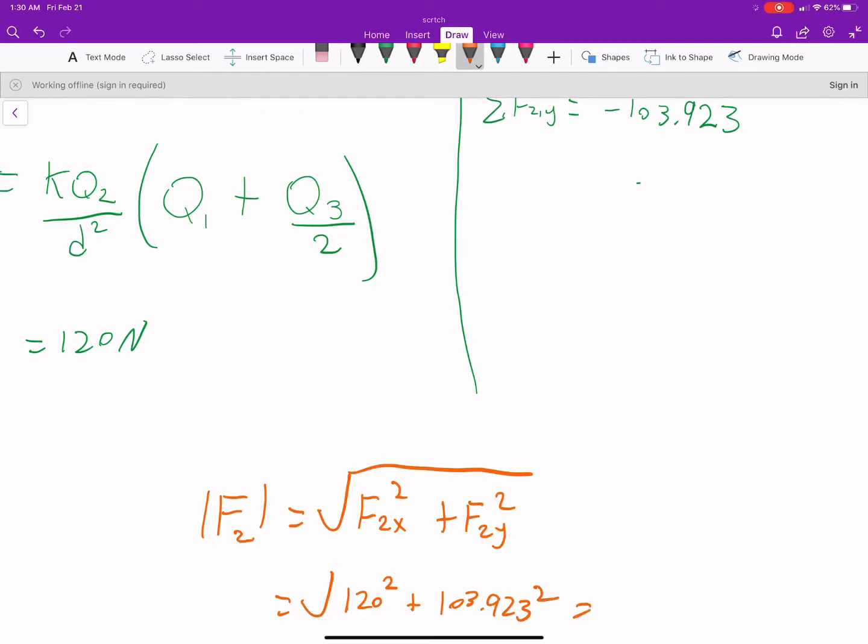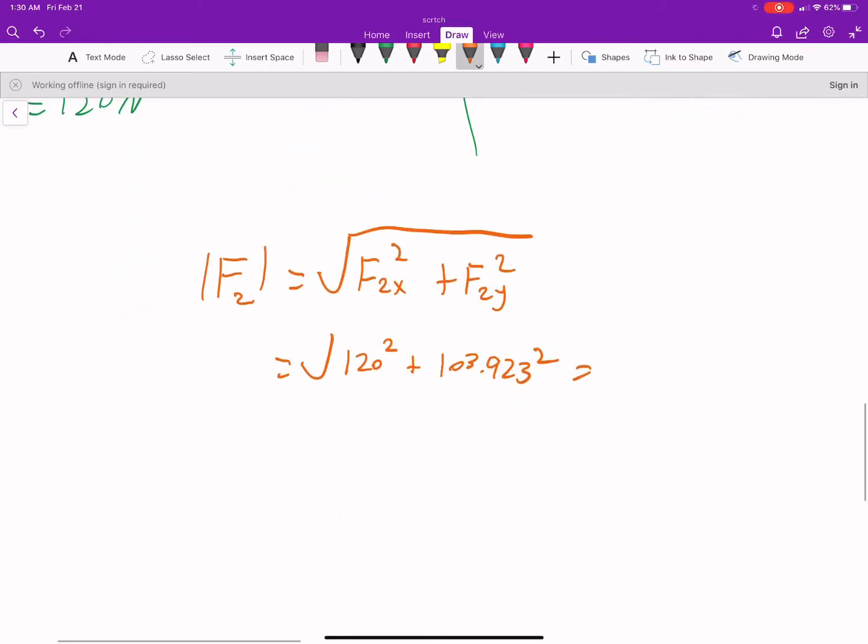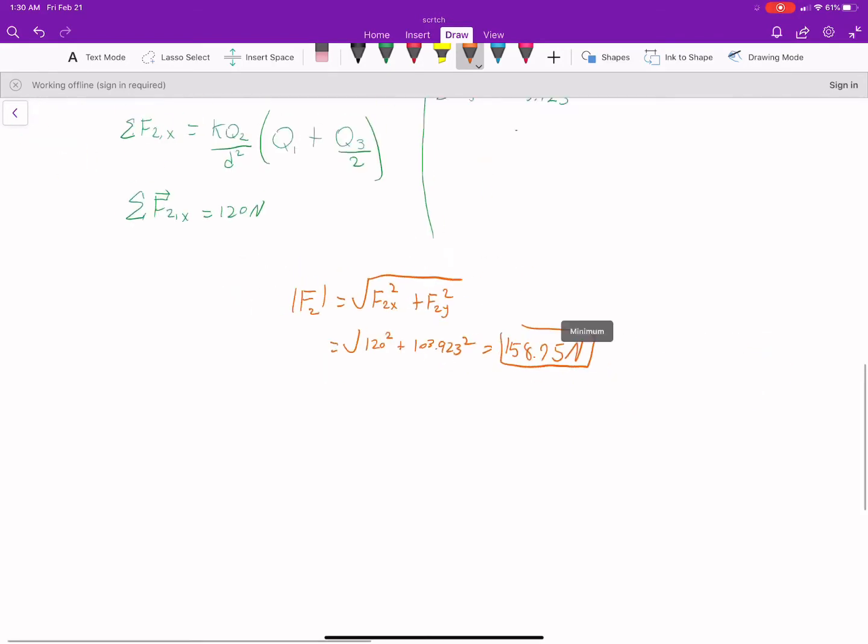And if you plug all that in, you should get, let's see what we get, about 158.75 newtons. So we found the net force on 1 and 2.